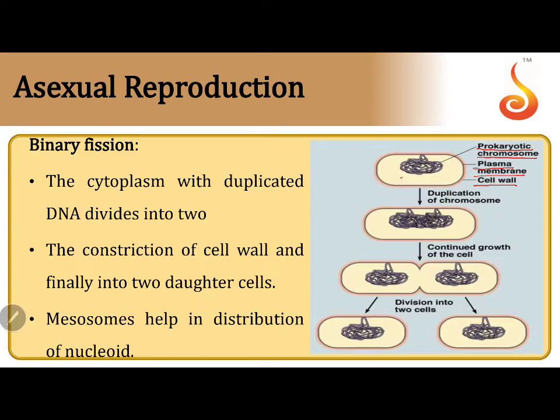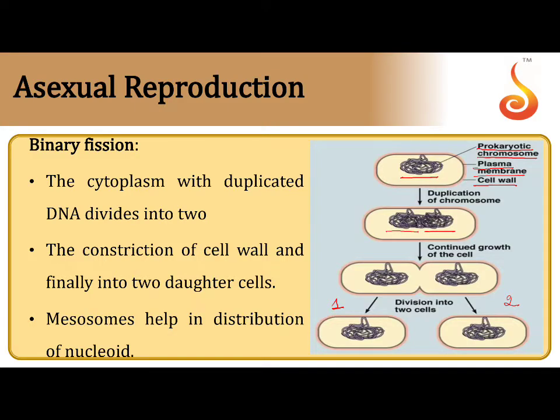Can you see, what was one copy here has become two copies here. Then later the cytoplasm is also dividing. When the cytoplasm divides into two daughter cells, each daughter cell has got a copy of genetic material. Then this is complete binary fission.